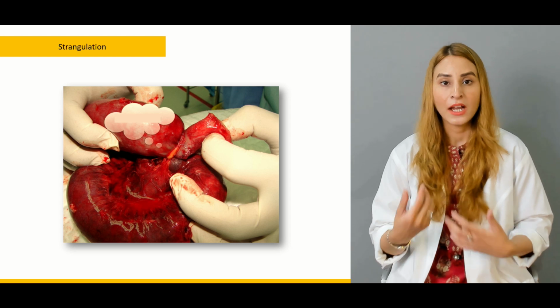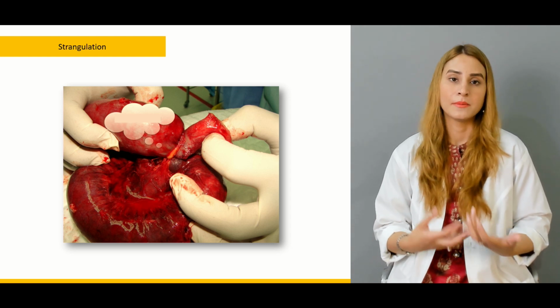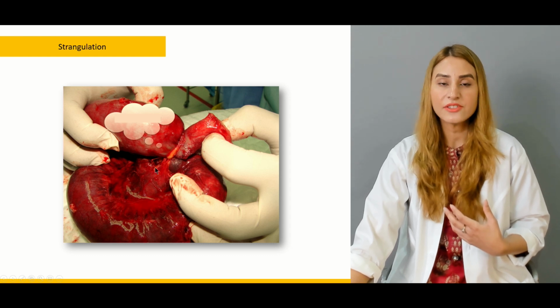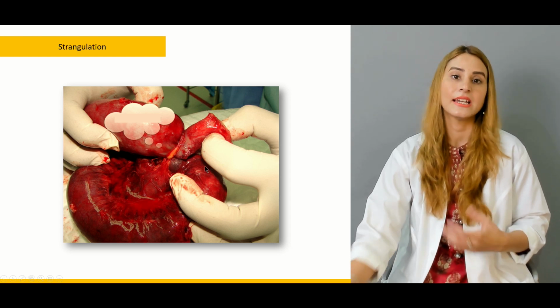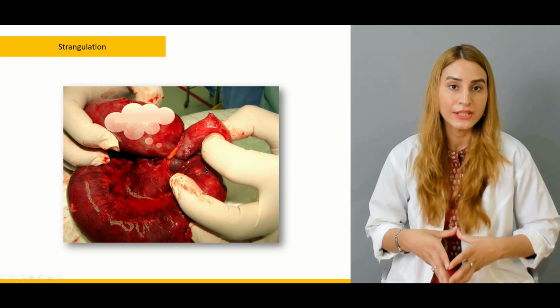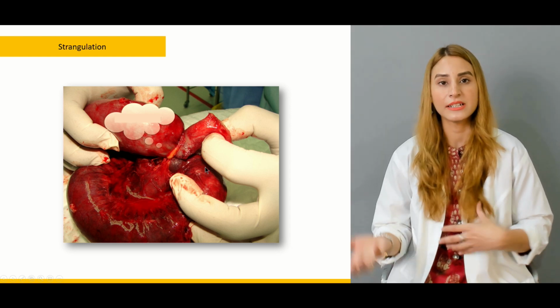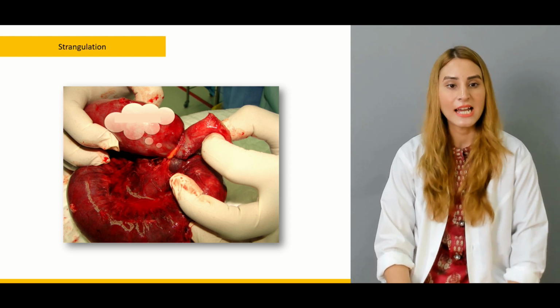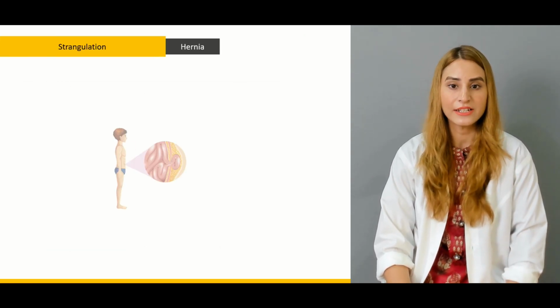There can be a twisting of the gut, and you can see here this is a dilated portion, and here a band which is actually strangulating the gut, and ultimately this strangulation will lead to gangrene of the gut, and you have to resect that particular segment of the gut which is being damaged. So this was about strangulation.